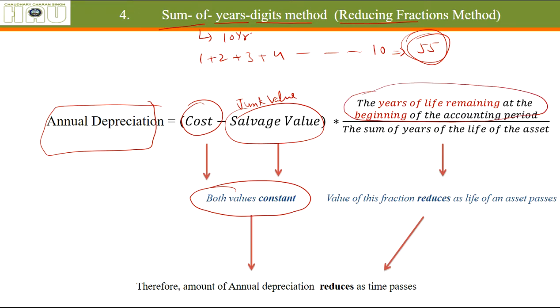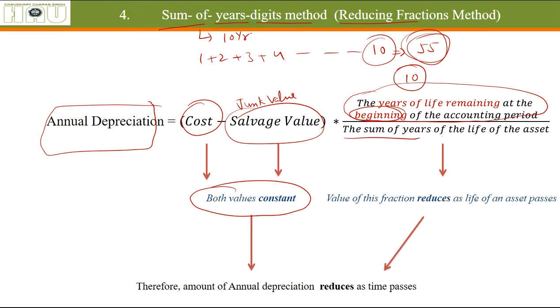Let's say you want to calculate how much of depreciation will be happening in my machinery in the first year of its life. So in the beginning of first year, the life of asset is 10 years. In the beginning, how many years are remaining? 10 years are remaining in the beginning of first year.